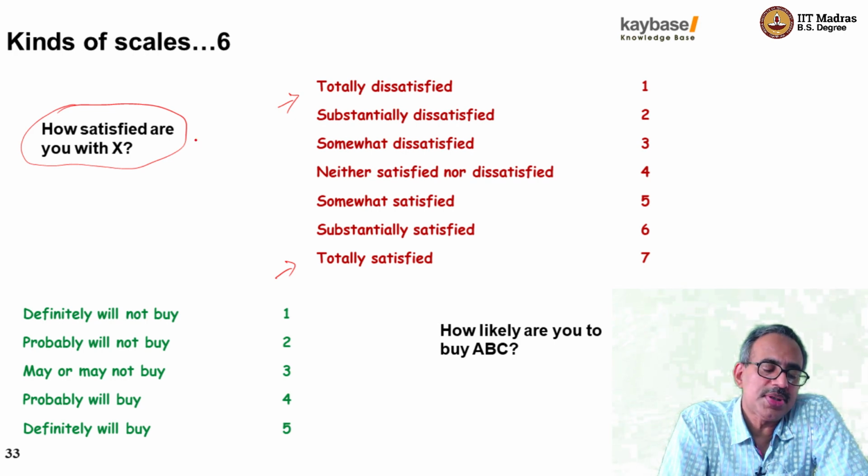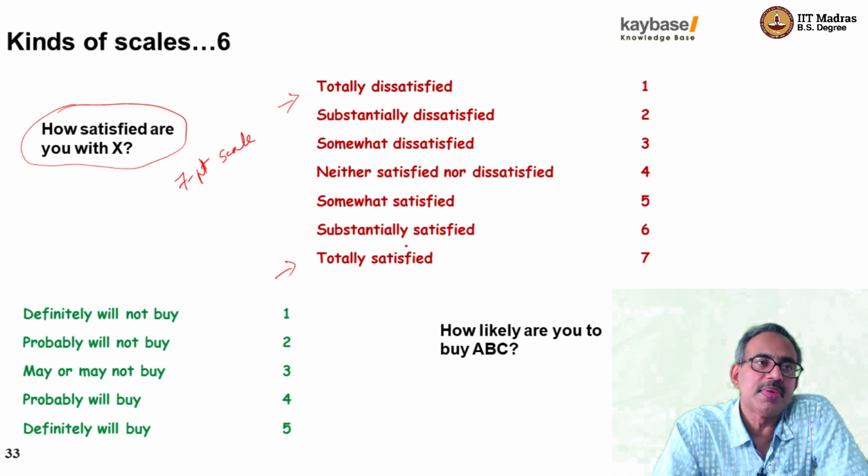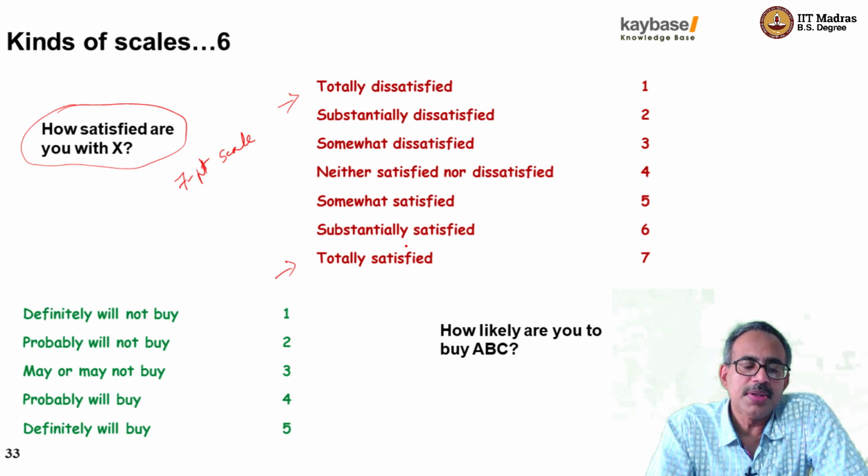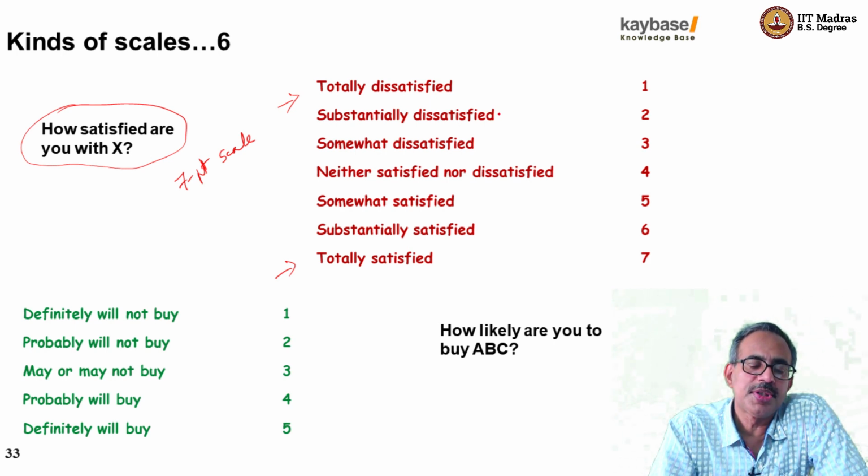And this is known as a 7-point scale. 1, 2, 3, 4, 5, 6, 7. Right? Totally dissatisfied, substantially dissatisfied, somewhat dissatisfied, neither satisfied nor dissatisfied, somewhat satisfied, substantially satisfied, totally satisfied.